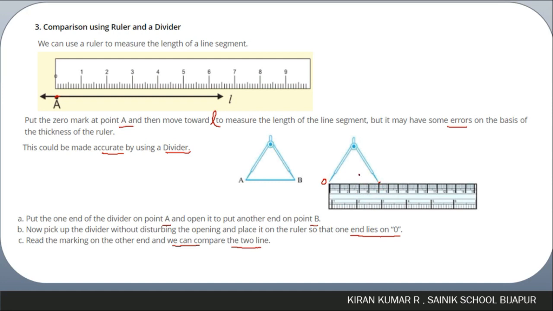If it is, say, 5, it gives 5 centimeters as the measure of the line segment AB. So we can say that the line segment AB measures 5 centimeters. This is all about the line segment.